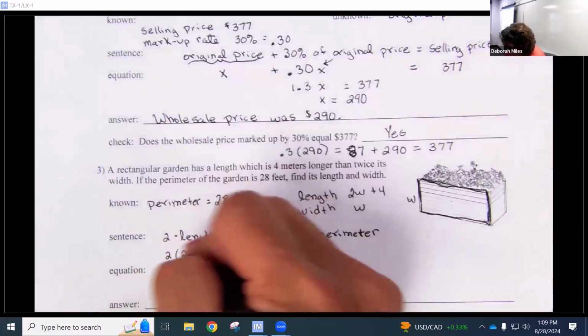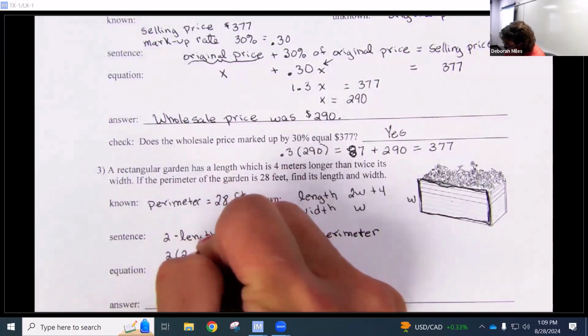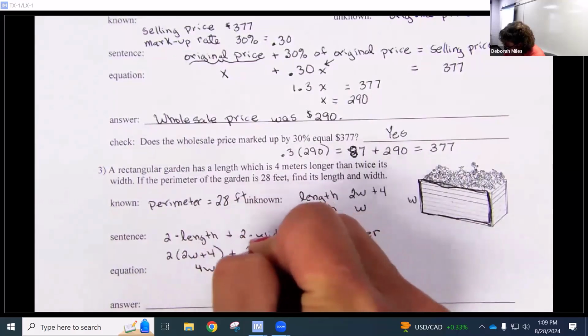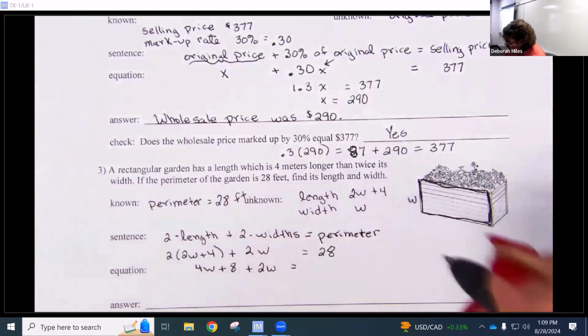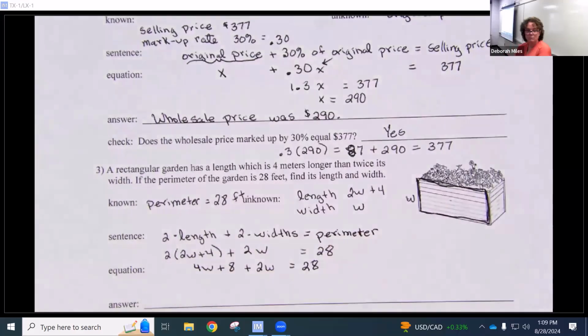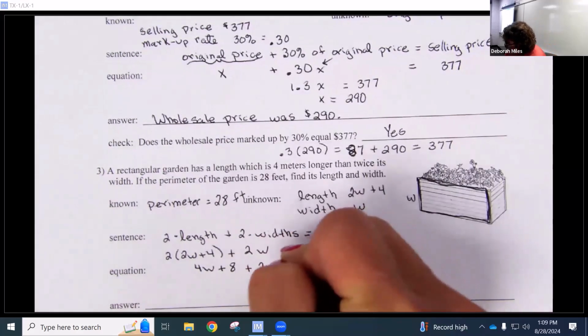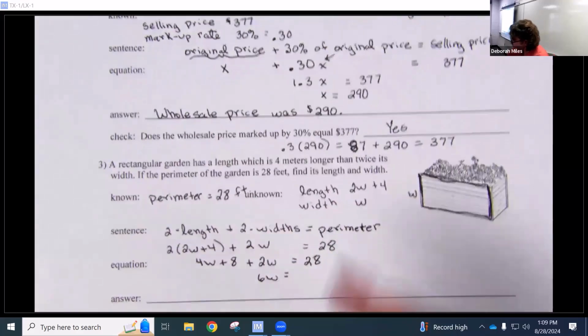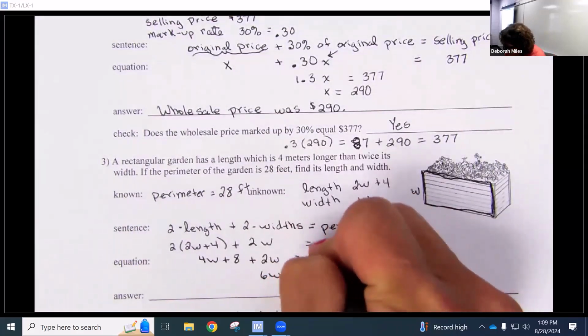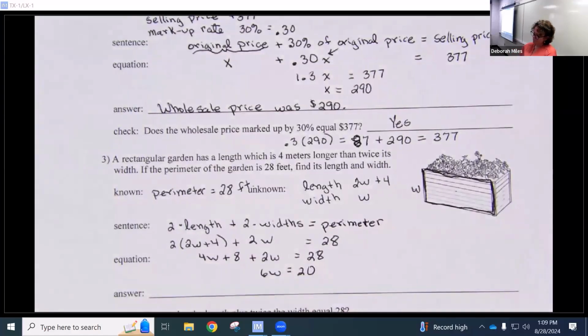Solve that equation by distributing the 2, then combining like terms. I'm going to go ahead and subtract 8 from both sides. I made this problem up and I thought I'd made it up where my width would be a whole number.